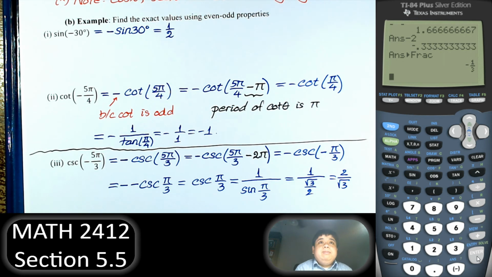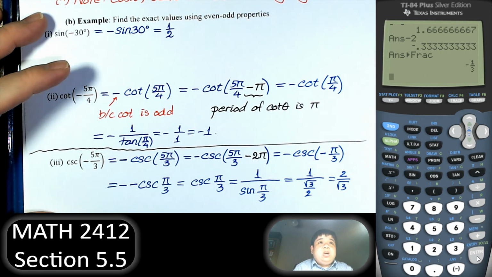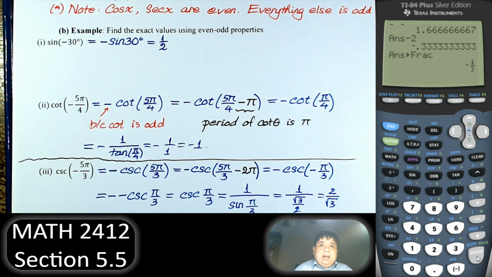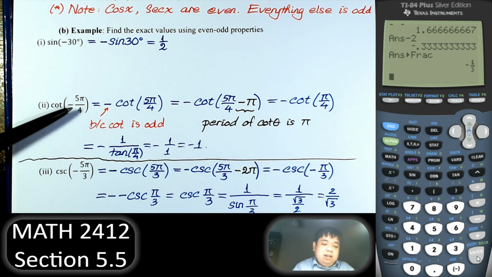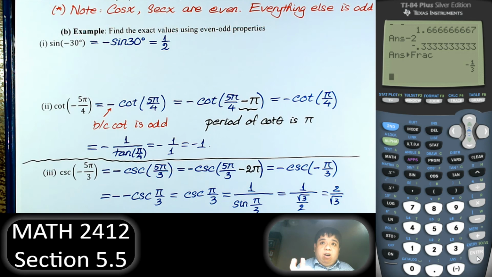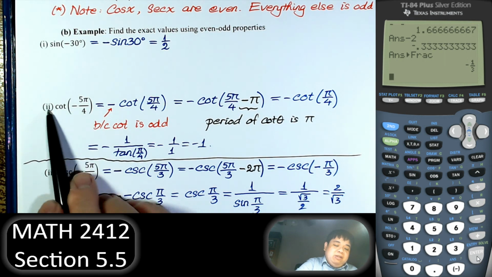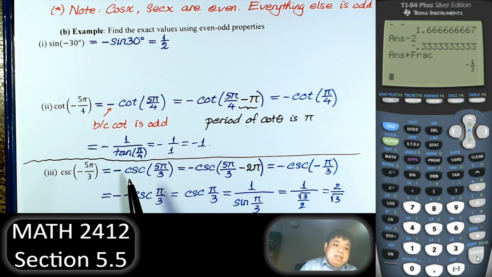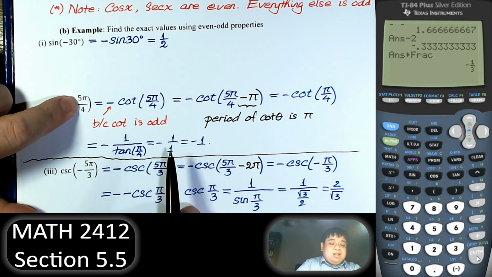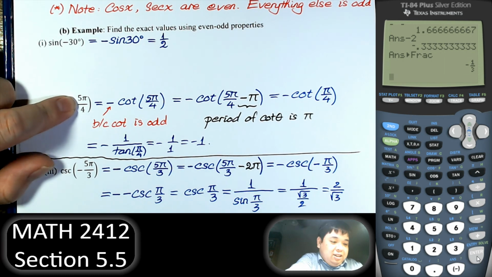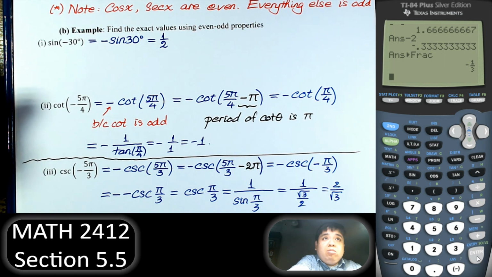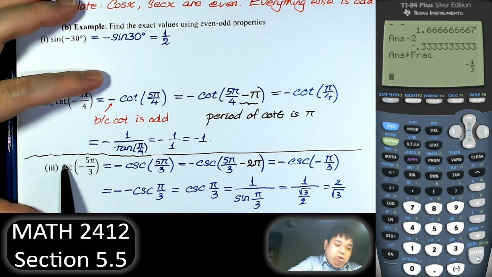Right, so in this exercise we use 2 things: period, and then even and odd functions, and take advantage of them. Cotangent is odd, so take the negative outside. If it is even, we just take the negative away. But this is odd, so the negative goes to the outside.